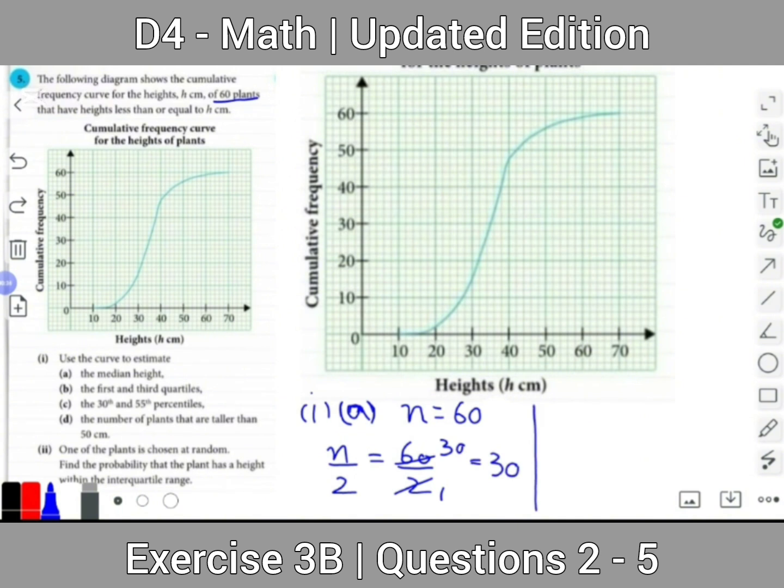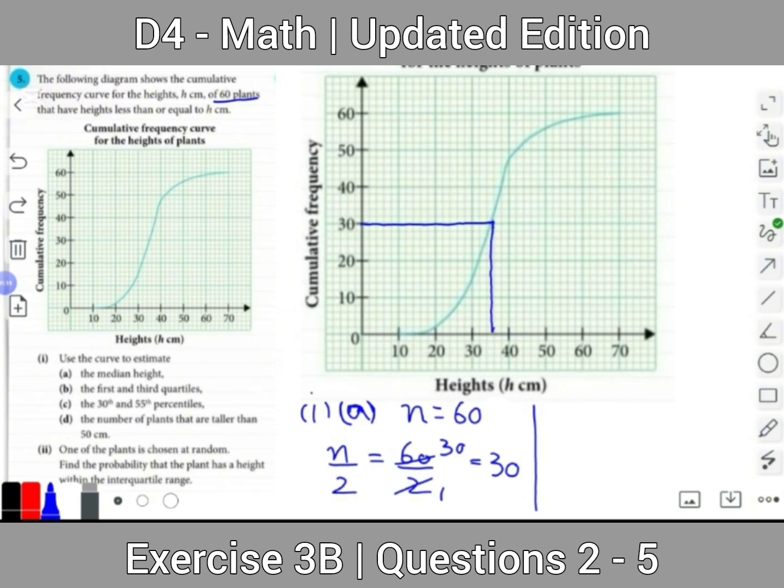Now we will look for the data value corresponding to the cumulative frequency of 30. So from 30 along the y-axis, we will draw a horizontal line until it intersects the curve. Now from the point of intersection on the curve, we will draw a vertical line until it touches the horizontal axis.